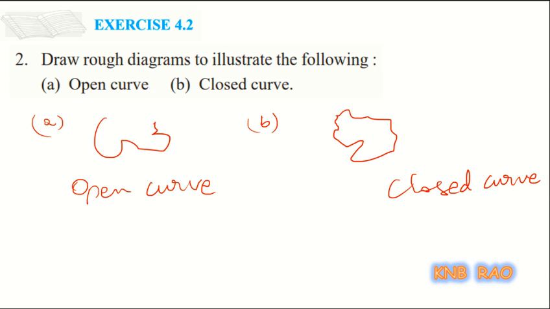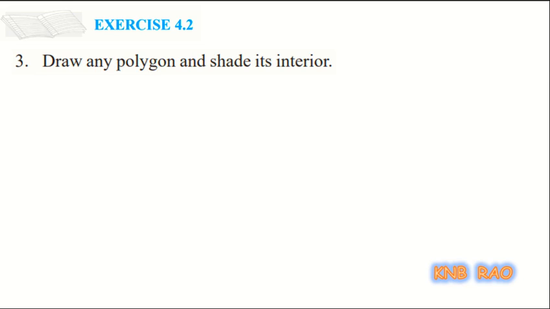Now, today we will start from question number 4. Draw any polygon and shade its interior. So, choice is yours. You can draw any polygon, whereas I am drawing this polygon made up of 3 sides, and here I can shade by taking a different color.